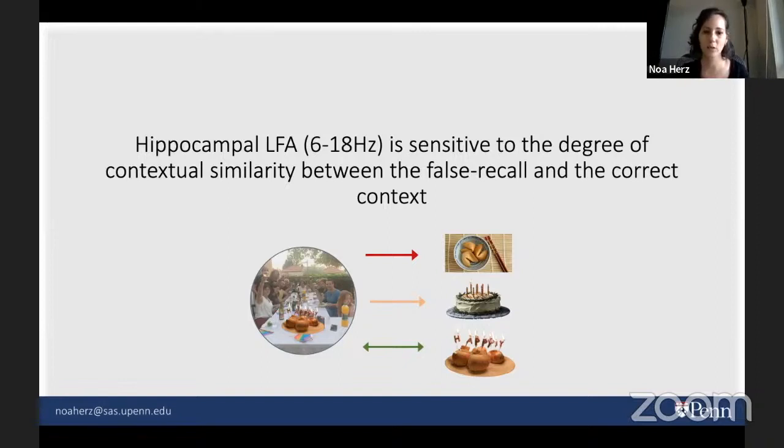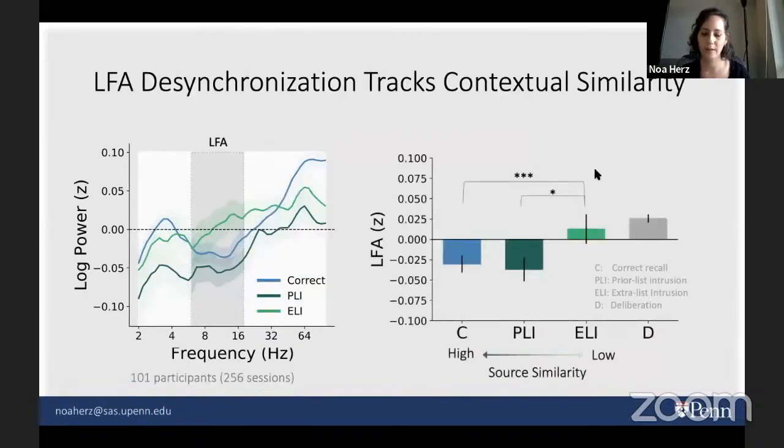So specifically for low frequency activity in the hippocampus, we found that low frequency activity gradually decreased as a function of the similarity of the intrusion to the correct context. In this case, I'm differentiating between intrusions that were taken from a prior list in the experiment in comparison to intrusions that were never presented in the experiment at all.